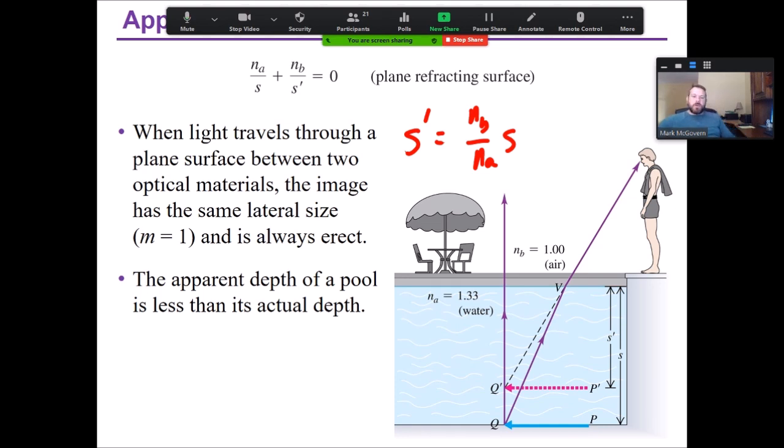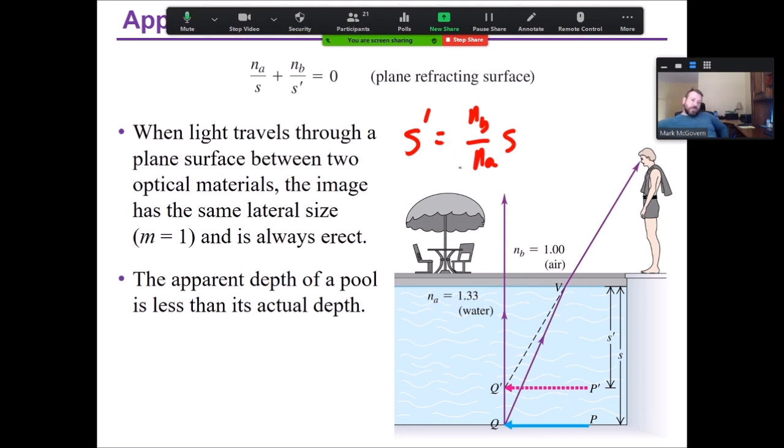Okay. So in this case, when you're looking at an object under the water, the light's going from the water to the air, so this ratio here is less than 1.